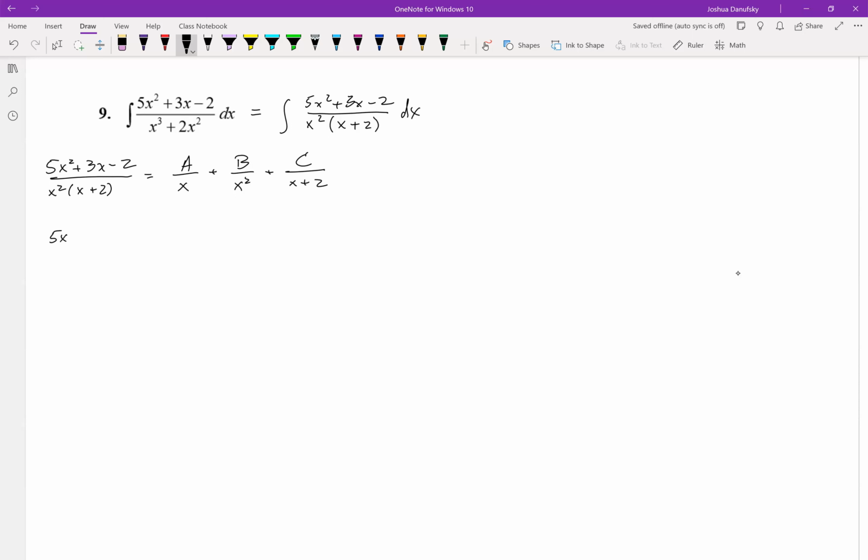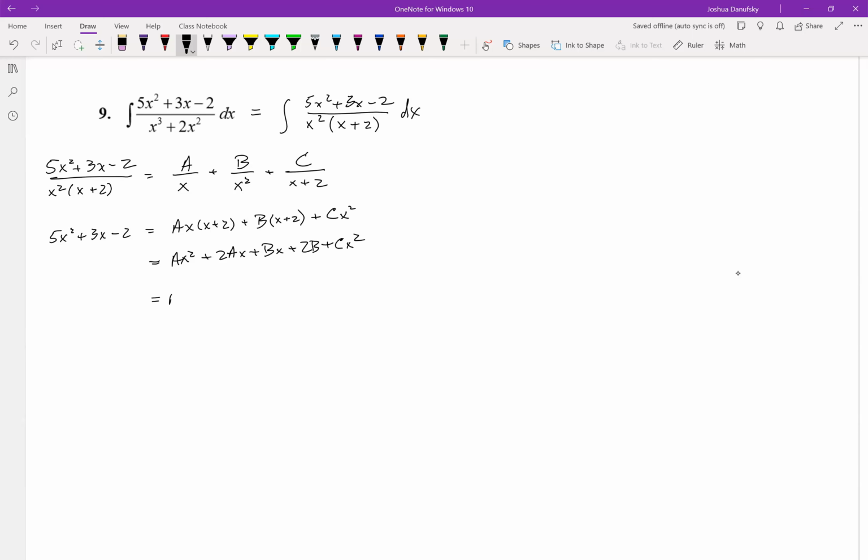So our numerator is going to equal a times x plus 2 plus b times x plus 2 plus c times x squared. Multiplying, we have ax squared plus 2ax plus bx plus 2b plus cx squared.